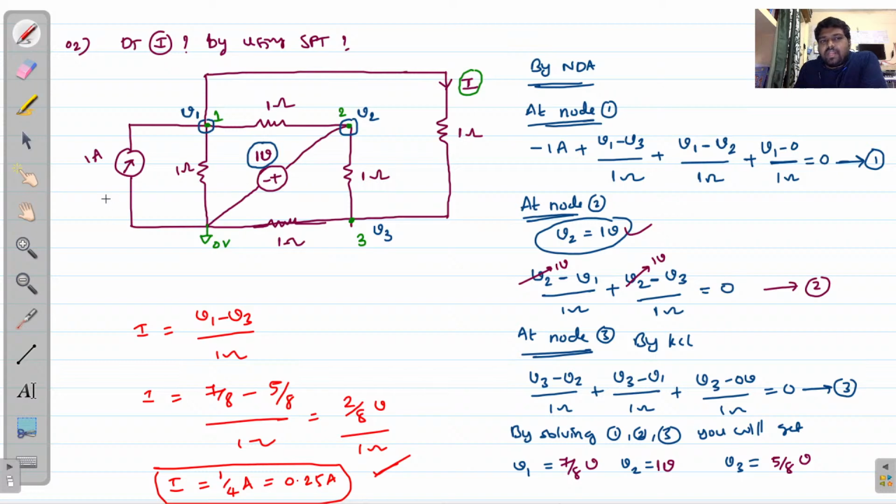First, take the 1 ampere current source and ignore the 1 volt source by shorting this path, and find the current, indicated by I1. Next, consider the 1 volt voltage source, ignore the current source by opening the circuit, and evaluate the I2 current. Now add those two currents, I1 and I2, and you will get I equals 0.25 ampere. We will go by the superposition theorem also.